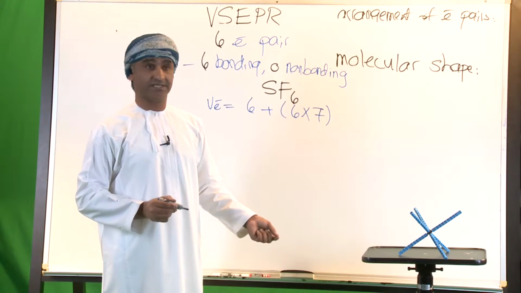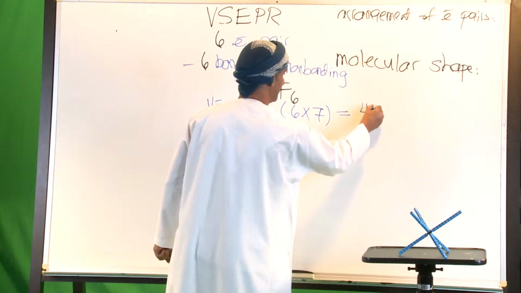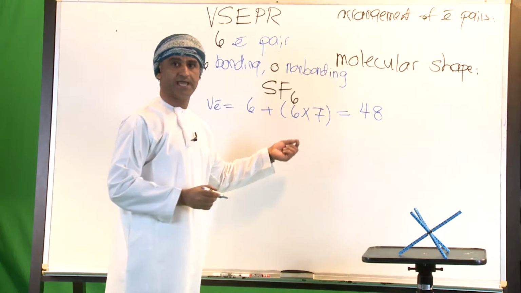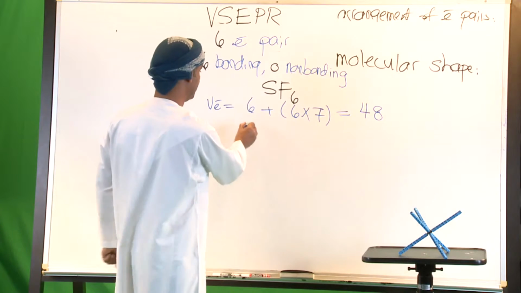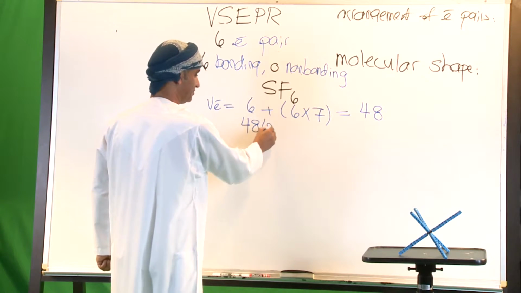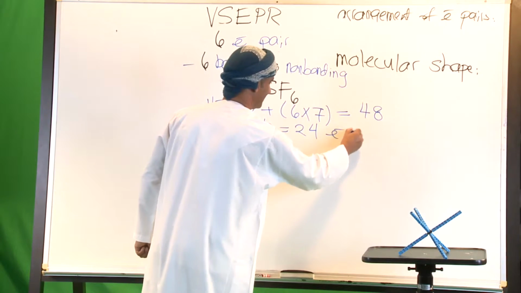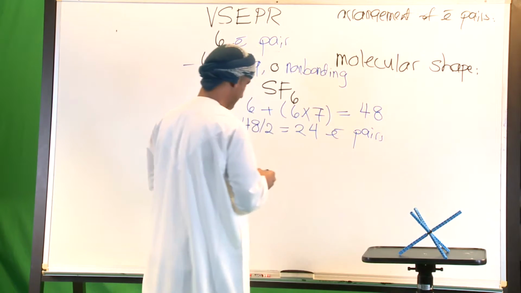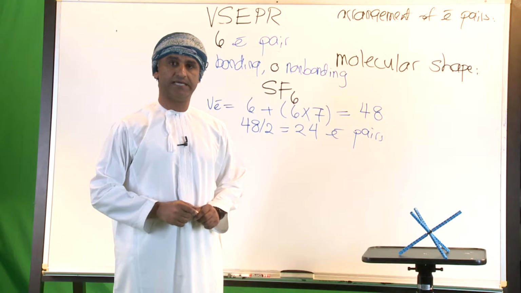So the total number of valence electrons would be 48. If you divide 48 by 2, you get 24 electron pairs in this sulfur hexafluoride example.